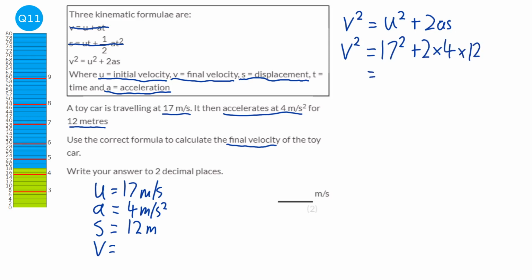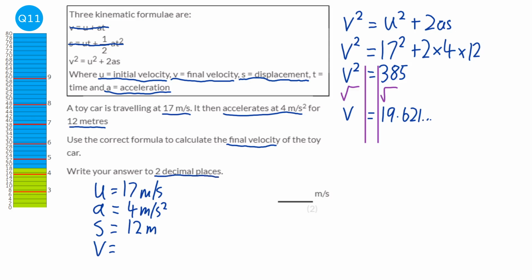And then when you work that out on a calculator, that comes to 385. And we're going to do some quick solving here. And we're going to square root both sides to get rid of that squared. So we get v equals the square root of 385, which is 19.621, etc.